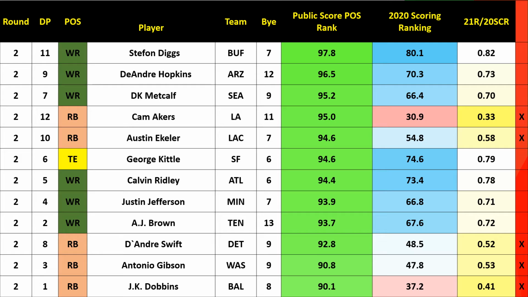So if you took a non-RB in round one and you're hoping this round you pick one, it's not going to be an RB1 type. You kind of miss those. There's a few, Dobbins and Eckler might be, but it's some uncertainty to it. Okay, it's not just clear cut.